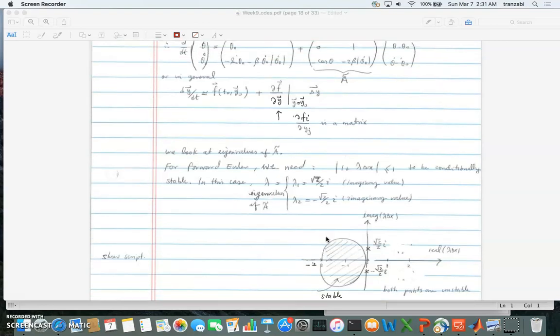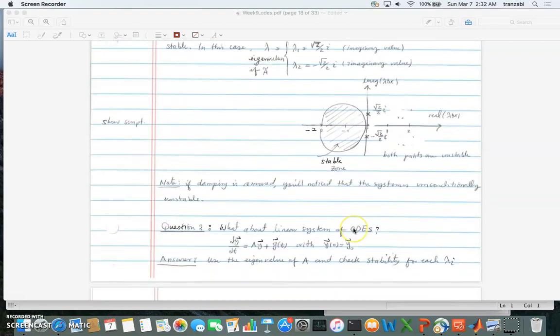But that depends on how much the beta is. Depending on the beta, we can actually have these 2 come inside the circle, or basically still stay outside the circle. Anyway, so without beta, for sure, these 2 are outside the circle, and the method is going to be unstable.